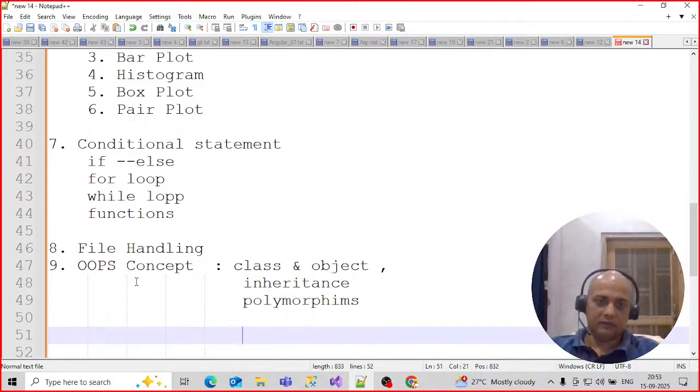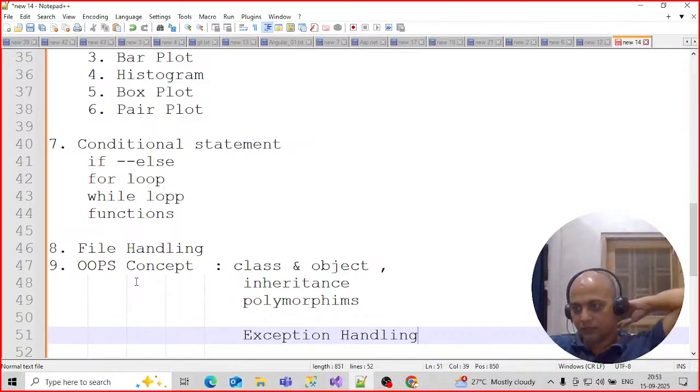And we will also work on the exception handling part, how exceptions occur and how we handle them. So these are the major important things that you will be studying in this course, and post that you will be working on the data structure part, right?